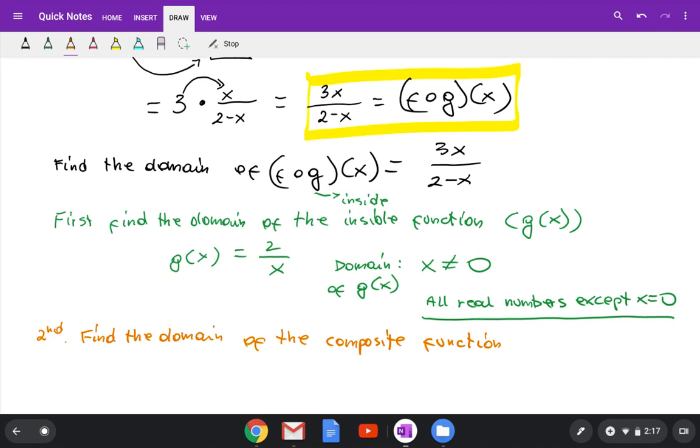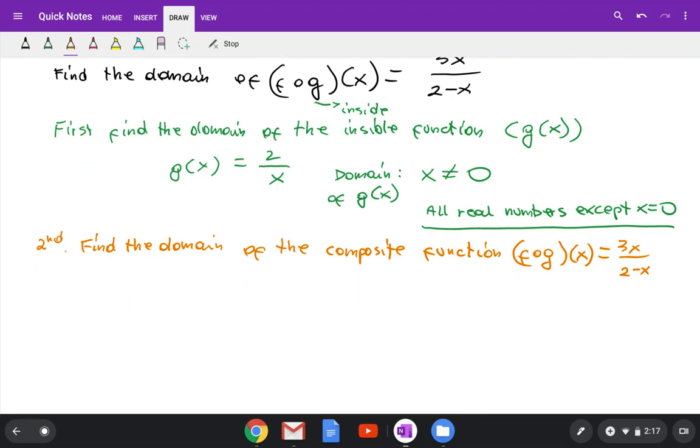So the composite function f composed with g, which is 3x over 2 minus x. This is also a rational function. So to find the domain of a rational function, again, you take your denominator and you say that the denominator can't be equal to 0, because that function won't be able to evaluate. It won't have sense to solve it.